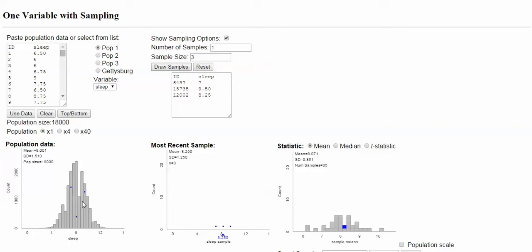Because if the population follows a normal curve or a bell shape, then the means of the samples over here also form a bell shape or a normal curve. So if the population is normal, then the means of the selected samples over here are also normal.